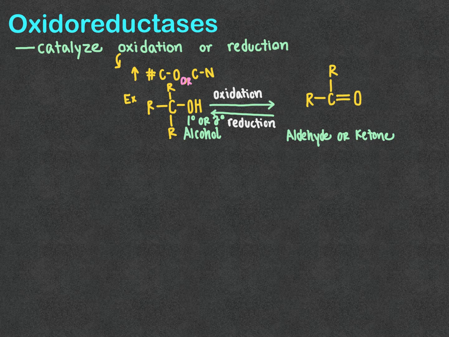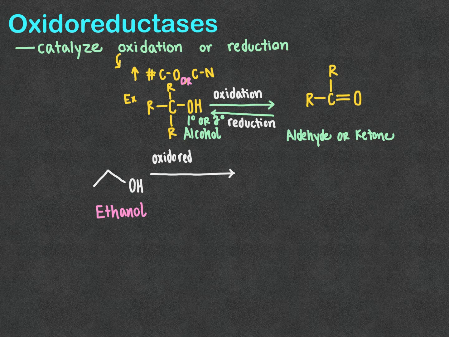In the case of oxidoreductases, one key example of this class of enzyme in action occurs in the metabolism of ethanol and other alcohols. If we have ethanol, CH3CH2OH, shown here, and that is presented with the correct oxidoreductase that recognizes ethanol as a substrate, and there are oxidoreductase enzymes in the liver, in particular, that are able to bind to an ethanol substrate, they act to oxidize that ethanol substrate during metabolism of alcohol to first an aldehyde.